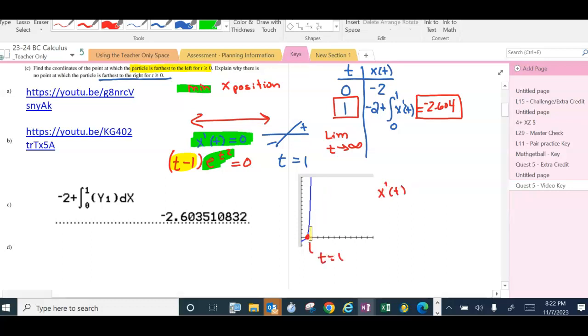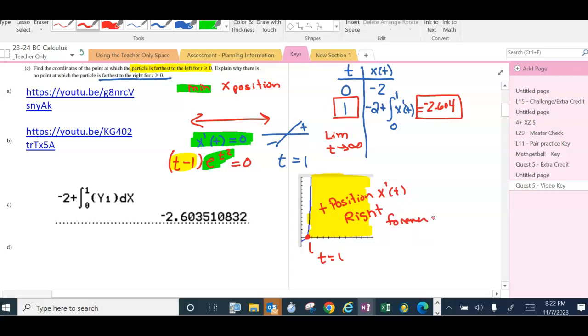Because this derivative is always positive, you can think about this area as always being above the x-axis. So this will be positive position. So we are always going to be going to the right. And so there will be no farthest right place because we will go right forever.